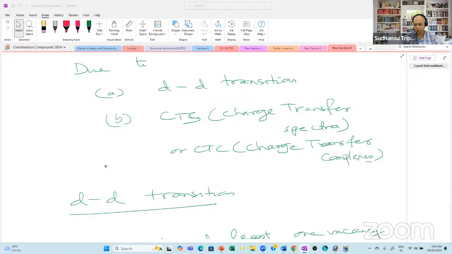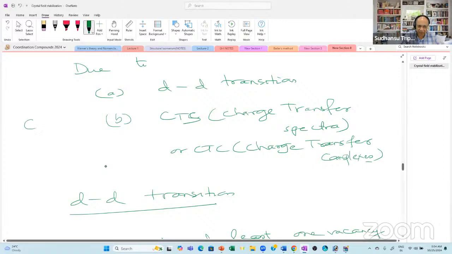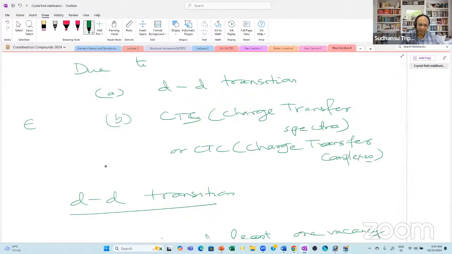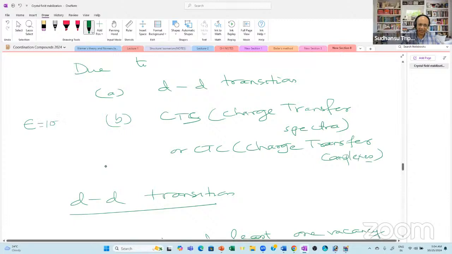Let me tell you that the intensity of absorption peak is very high for CTS. I will tell you what is CTS very soon, but I am just telling you that a symbol called epsilon, that is called the absorptivity, which will give you the relative intensity, is quite high, 10^2 to 10^6.